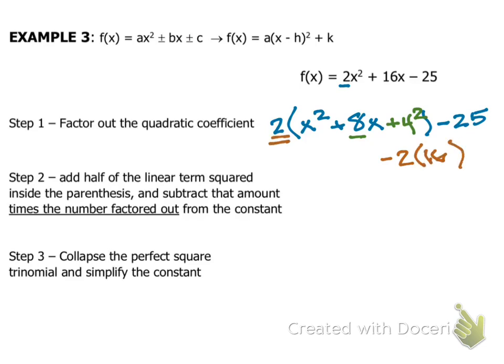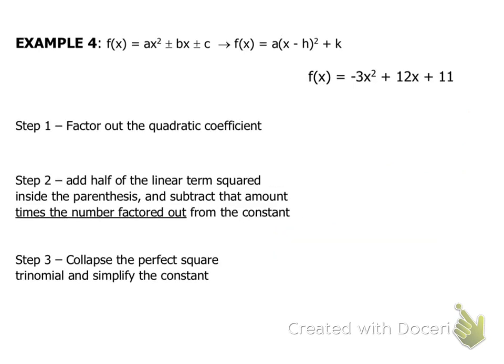We can't forget about this 2 here. And then when we collapse it, the 2 stays out front. We'll have x, the sign is plus 4 squared. And then we had negative 25 minus 32, so minus 57.